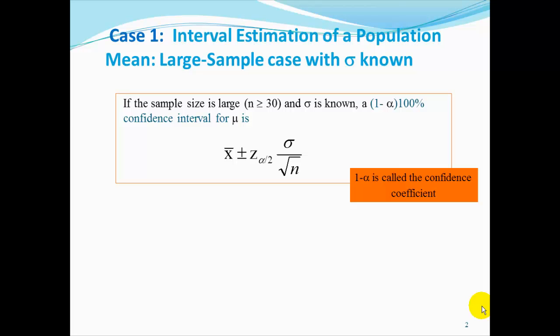So for a large sample case with sigma known, our confidence interval formula is given here on the slide. The formula is x bar plus or minus z alpha over 2 times sigma over the square root of n. 1 minus alpha we will refer to as our confidence coefficient.